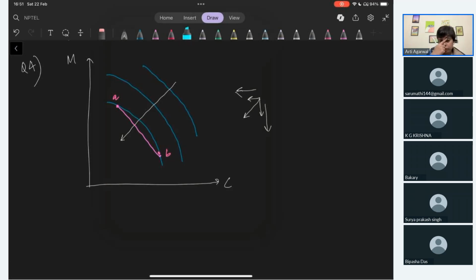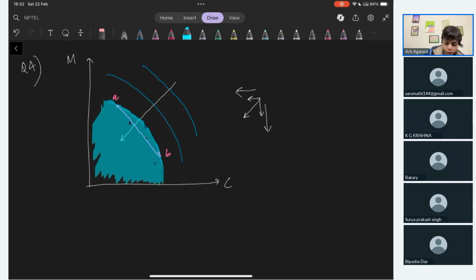See, this segment is higher utility than all the area behind it because the arrow is pointing this side, right?